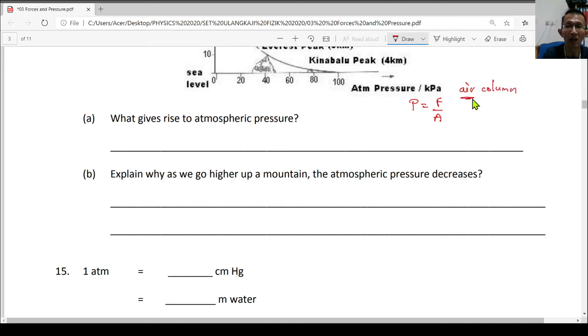Air must have mass, and if it has mass, then it must have weight, because weight equals mg.